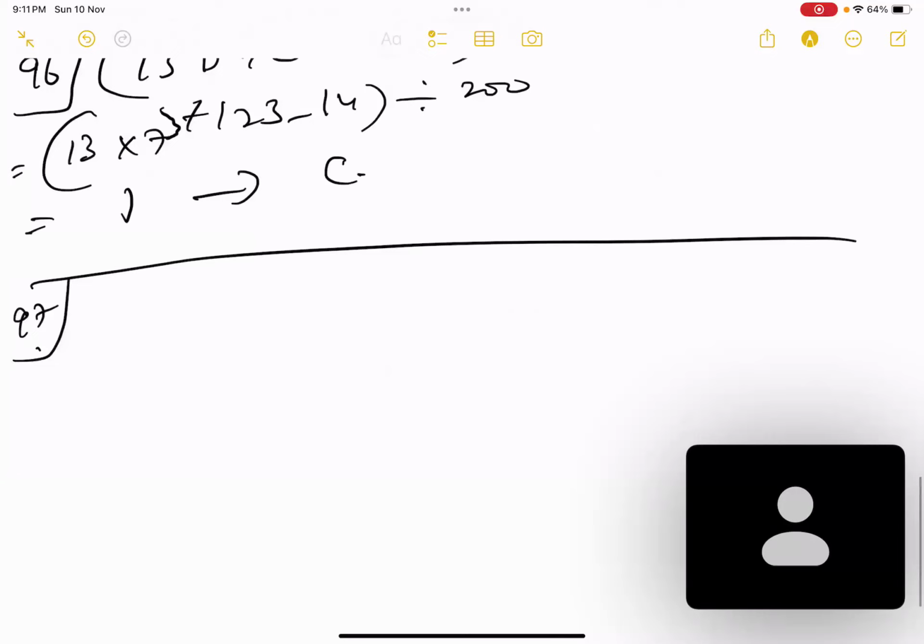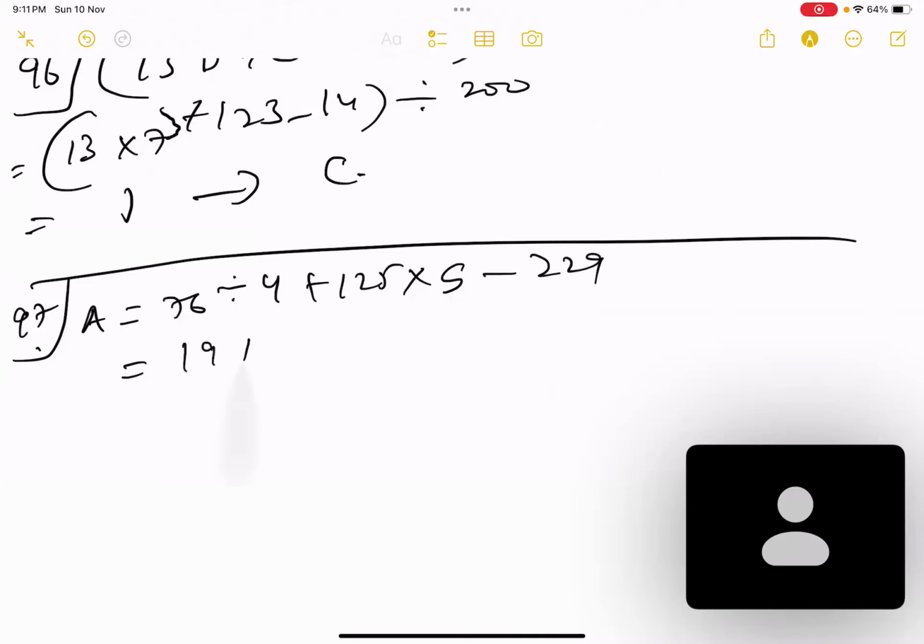So number 97. Number 97 says A is equal to 76 divided by 4 plus 125 into 5 minus 229, which is equal to 19 plus 625 minus 229, which is equal to 415.